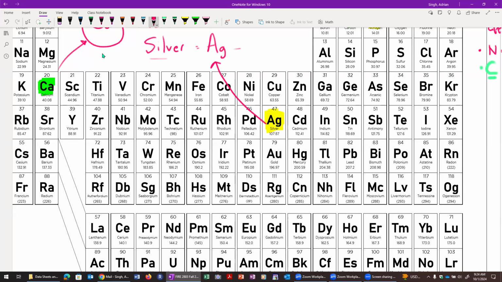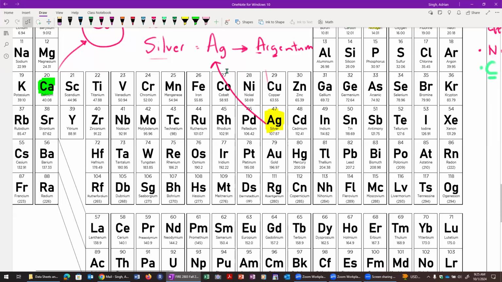Actually, the Ag comes from a different language. The name comes from argentum, and that's where the A and the G come from for silver. And you can maybe guess there's a country called Argentina, and that's named after the name of silver, because that's where they discovered a lot of silver in the country.